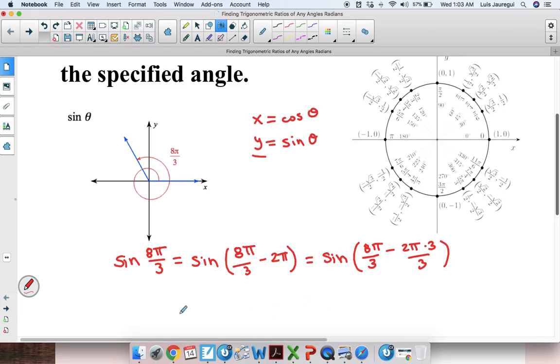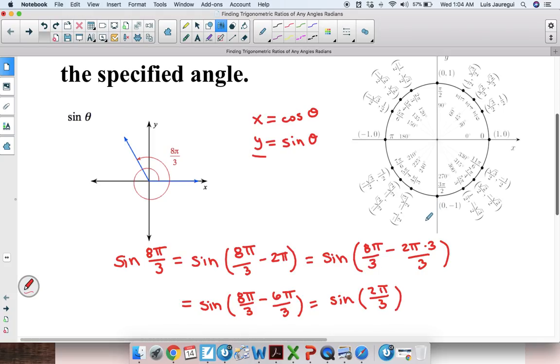And this happens to be equal to sine of 8 pi over 3 minus 2 times 3 is 6 pi over 3. So this is actually equal to sine of 2 pi over 3.